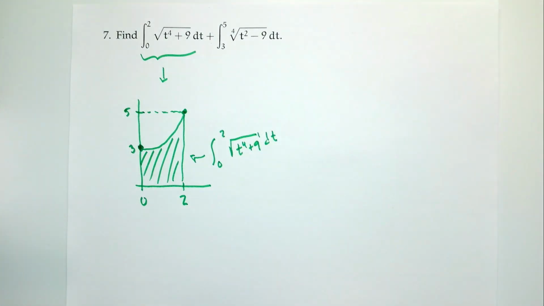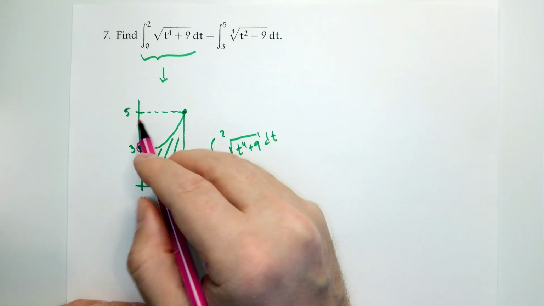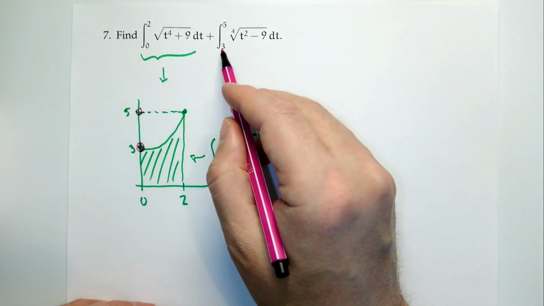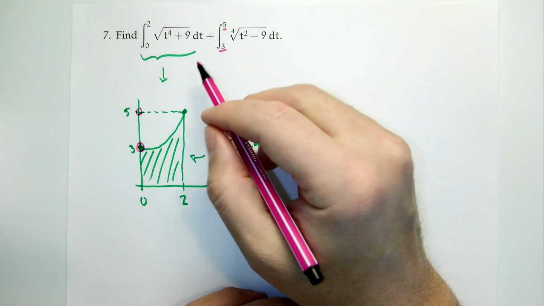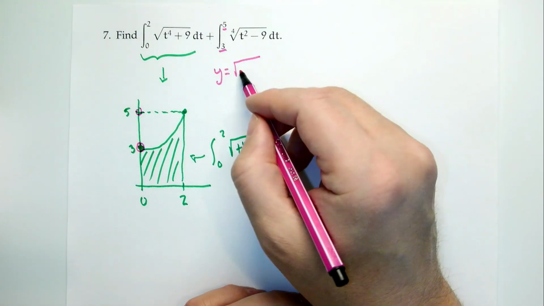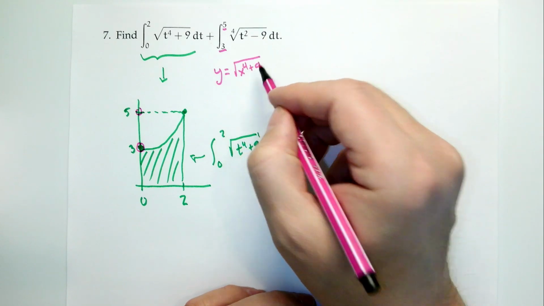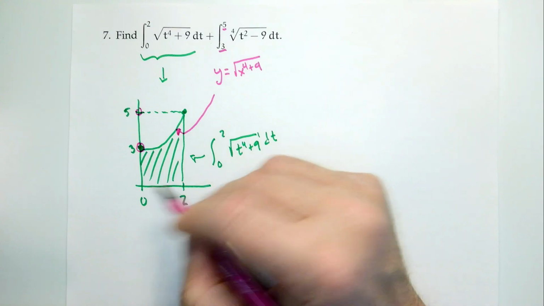Now, here's your pause and say, there's something suspicious here. Something highly suspicious. 3 and 5. Well, that's 3 and 5 there. Huh? Now let's think about this. Suppose for a second I said y equals the square root of x to the 4th plus 9. So I can think of that as being this curve here, where I express y as a function of x, all right?